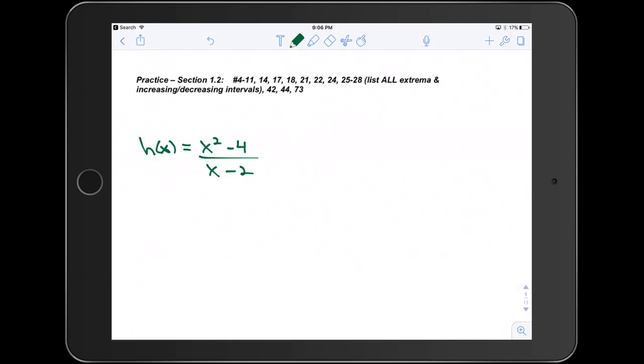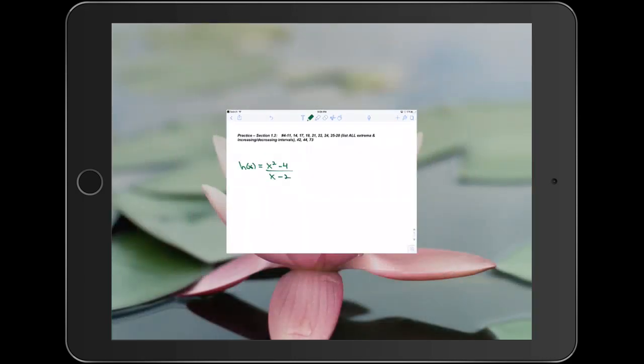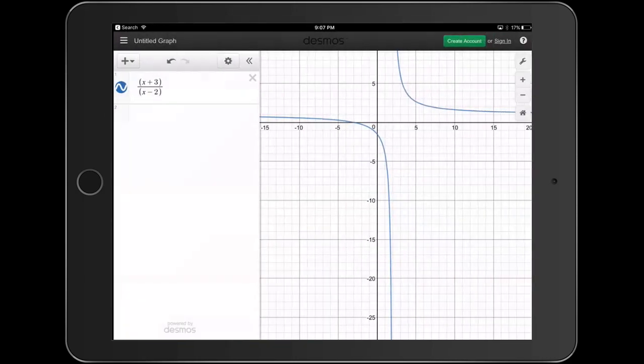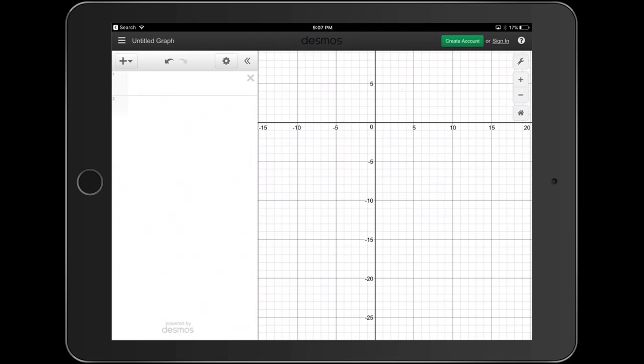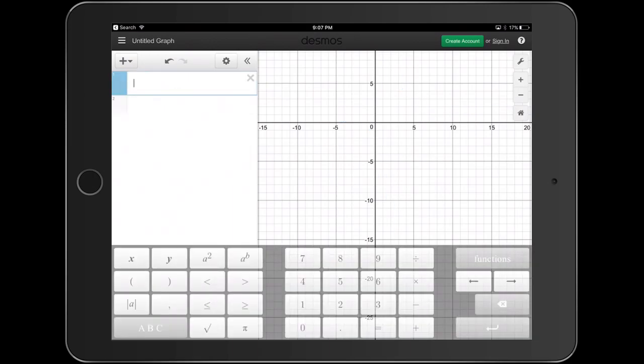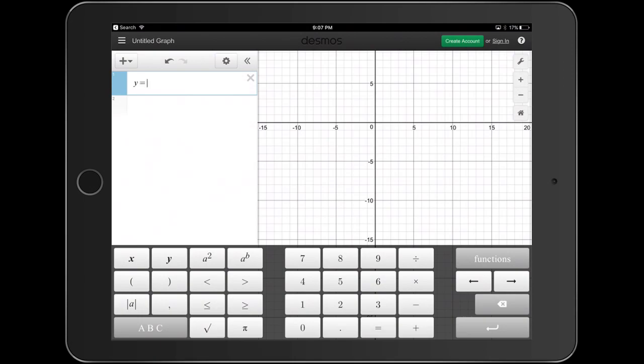If I were to go on Desmos and graph it really quick, I'm going to do exactly what I did before, just a little bit speedier, since I'm already past my time. So here we go. There's that divided by x minus 2.